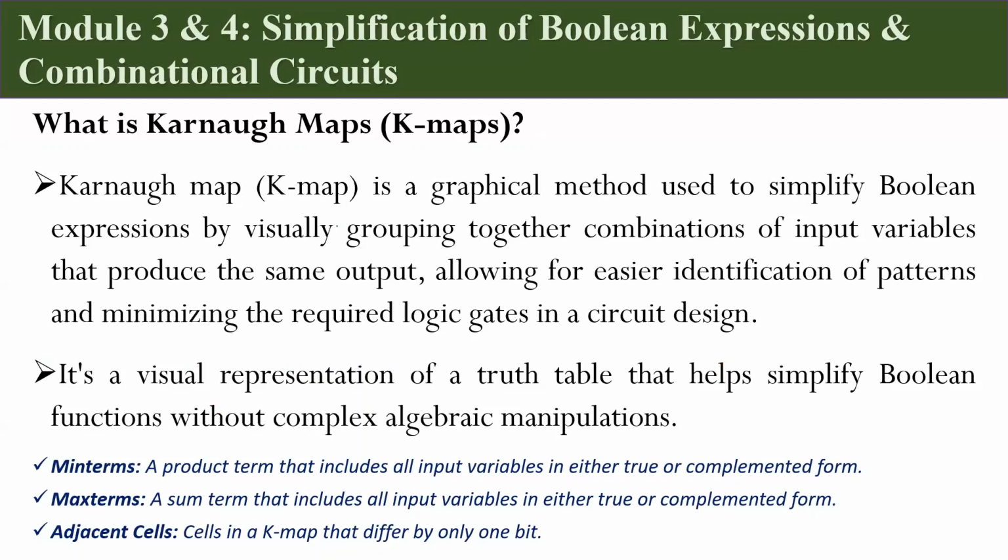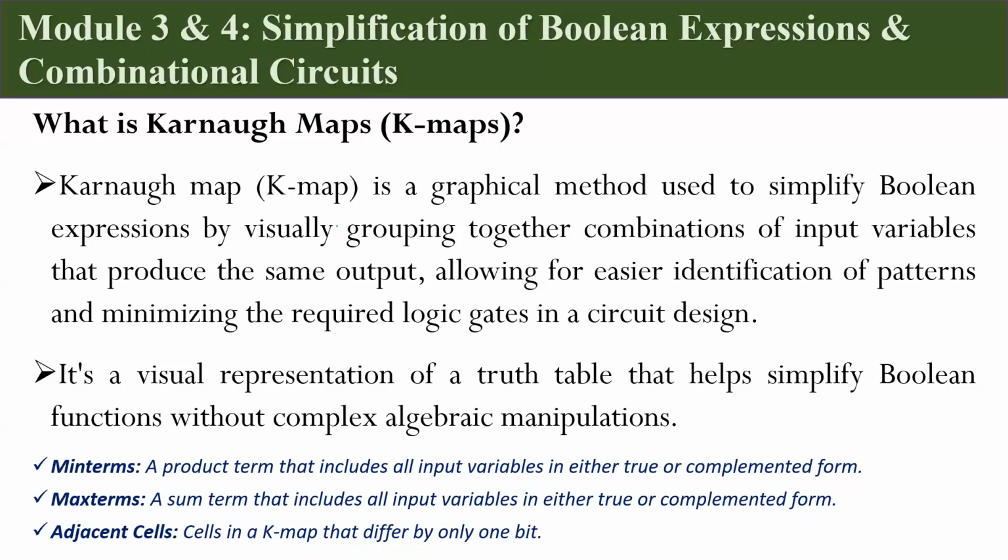Like I said earlier, it's a graphical method that is used to simplify Boolean expression. And how does it achieve that? It achieves the simplification by visually grouping together combinations of input variables that produce the same output.